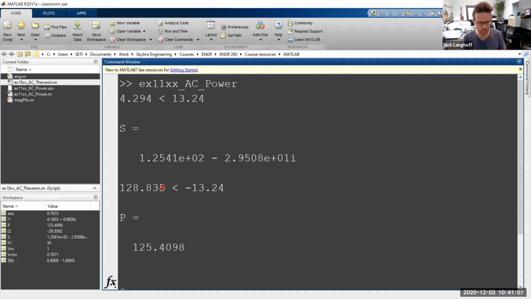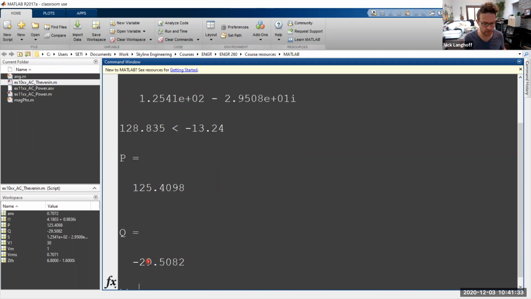And we could also get to this by just using trig on the complex power. This shows us here's the current, here's the power we calculated, and then here's the real and reactive powers, 125.4 watts and negative 29.5 volt amp reactive.